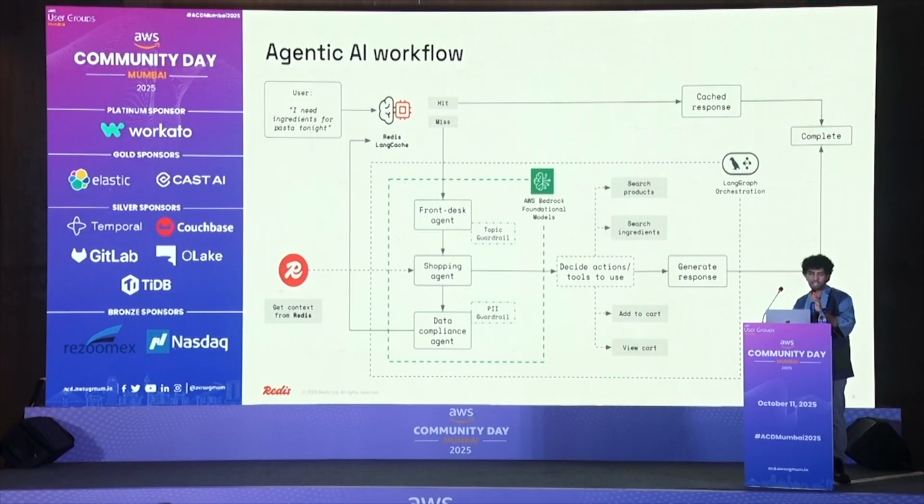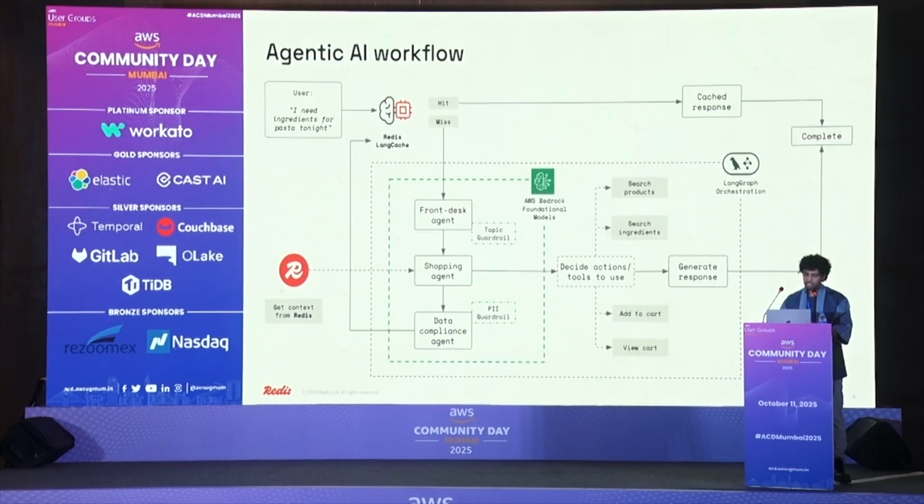We are checking in semantic cache if this question has been answered before. If it's a hit, then we just send the cache response. If it's a miss, then we trigger the full AI workload. In the AI workload itself, we have a front desk agent that does the screening we just saw earlier for appropriateness, and Bedrock guardrails handle this automatically.